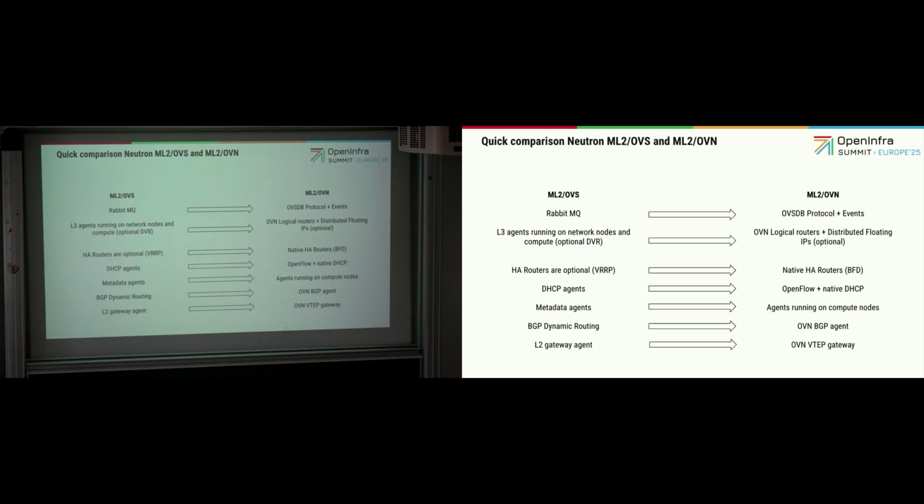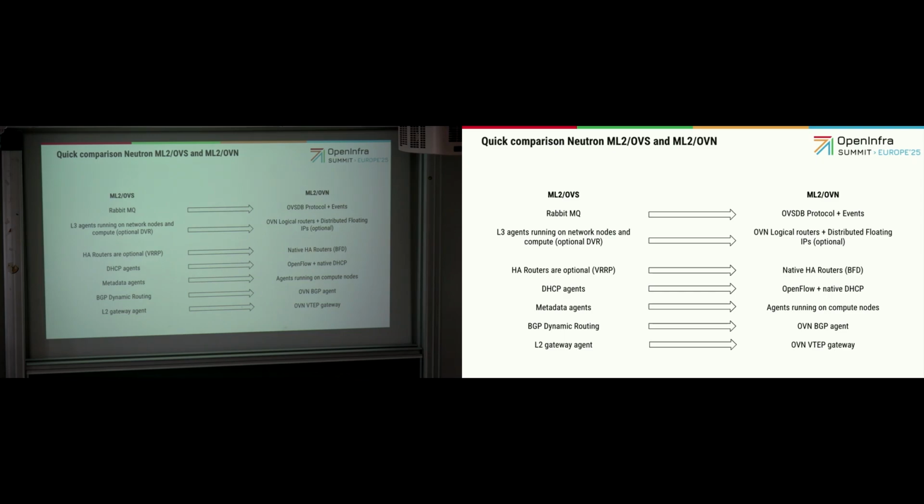The biggest difference is that under the hood it uses not RabbitMQ, which caused a lot of problems previously with the original Neutron, but the OVSDB protocol plus events between all these daemons. It has L3 agent implementations inside, done by an internal system in OVN, which I will cover a bit later. It uses a unique HA system based on BFD, so these layer 3 routers are spread across several nodes in OVN.